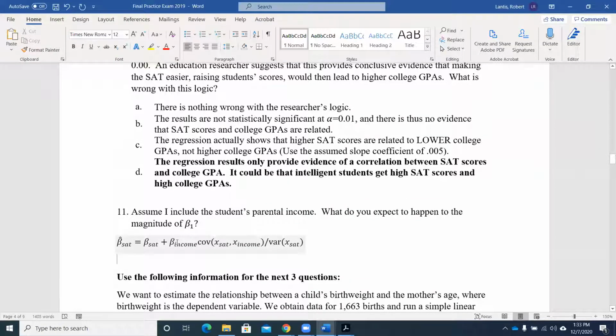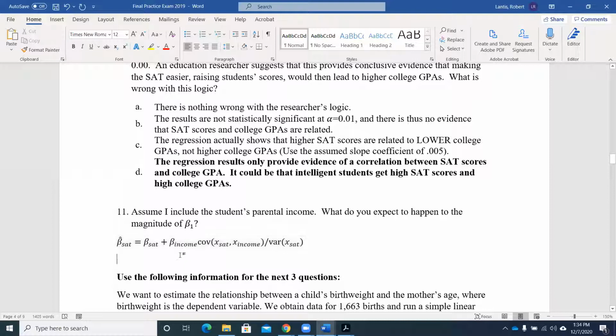If someone comes from a higher parental income, you think they've probably had more resources devoted to their education, maybe development early on in their life. So we think if you come from a higher socioeconomic class, you're likely to have a higher GPA in college. There are fewer obstacles, and you probably don't have to work a job in college. So it's likely that this slope coefficient, if you had included parental income in your regression, is positive.